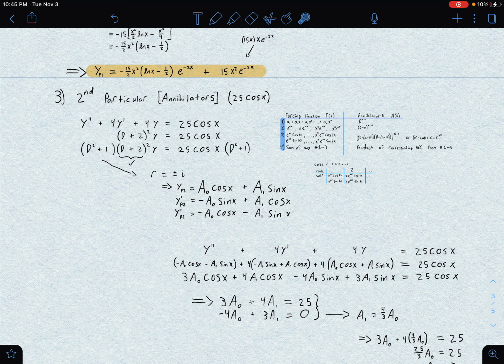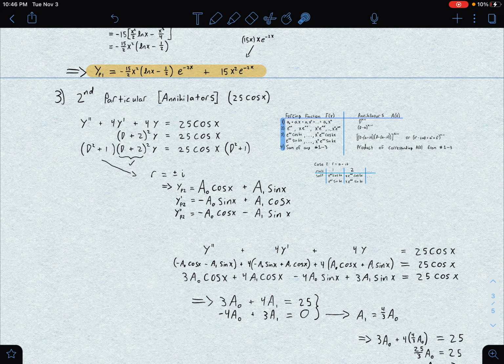And since we already found our r values from the complementary solution for this operator, that means we can just focus on this one. And this one will give us an r value of plus or minus i. And this is a case 2 of an r equaling a constant plus an i times a constant, but right now it's just 0 plus or minus just i, and multiplicity of 1, because it's the one exponent right there.